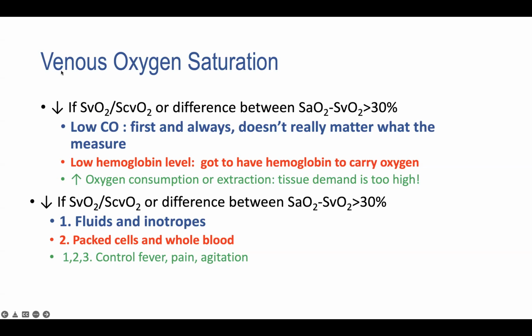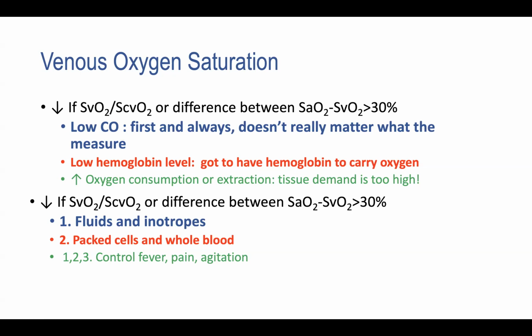Okay, so if SvO2 or ScVO2 is lower than 60, or the difference is greater than 30, always, first and always. I don't care if you're at the bedside measuring the cardiac output. You're like, well, Barbara, it's a normal cardiac output. A normal cardiac output is the one that supplies enough oxygen delivery to the tissue that you don't need to use oxygen from your hemoglobin reserve.